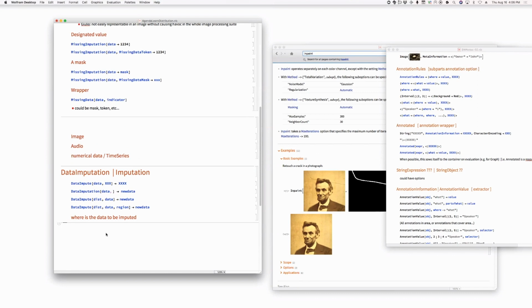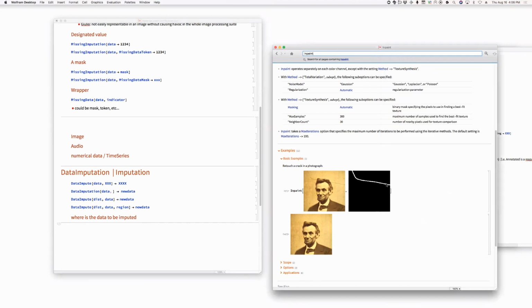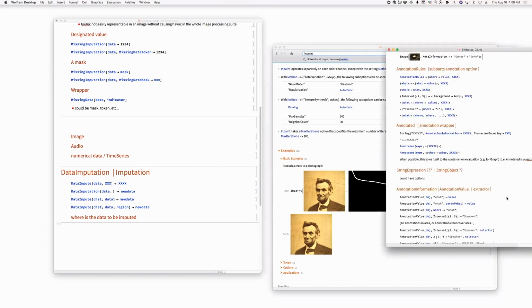Exactly. The problem is that it is inefficient and crazy to have every pixel in the crack be a pixel that's encoded with missing. Now, I think for images, we have talked about having some kind of NaN representation internally. Is that not correct? Piotr, can you comment on that?